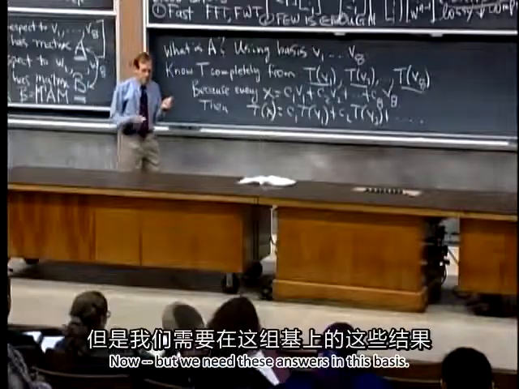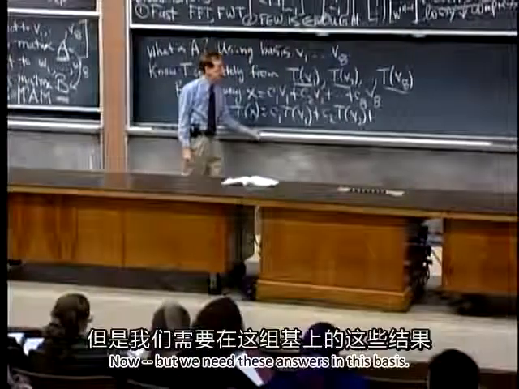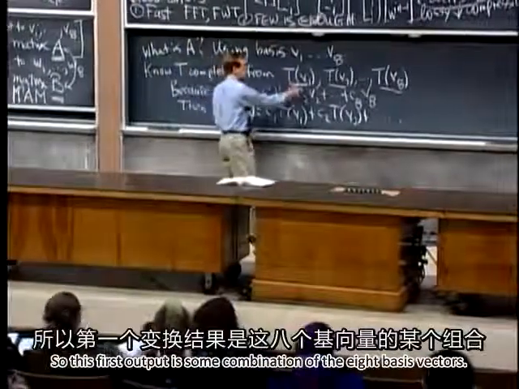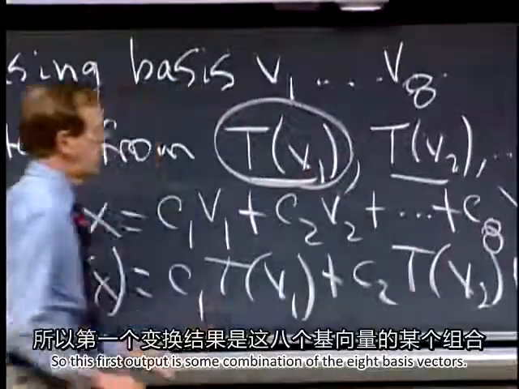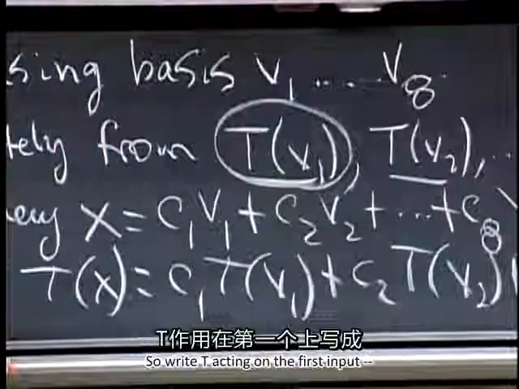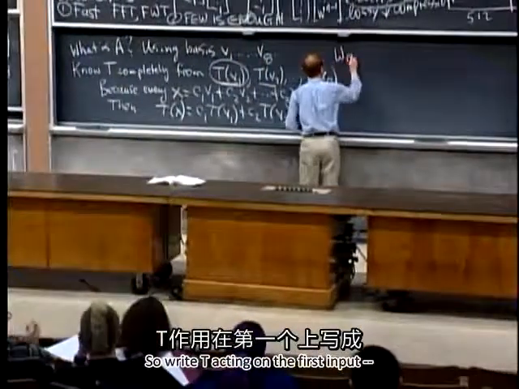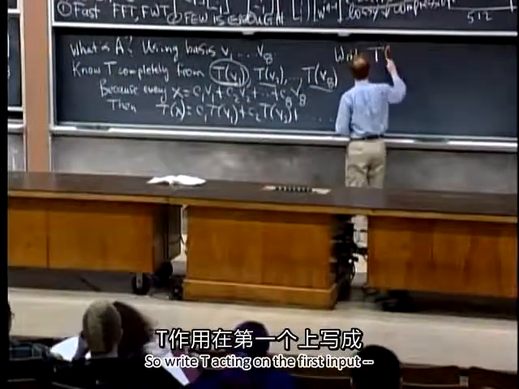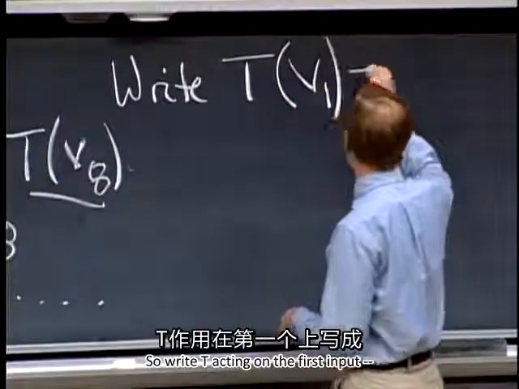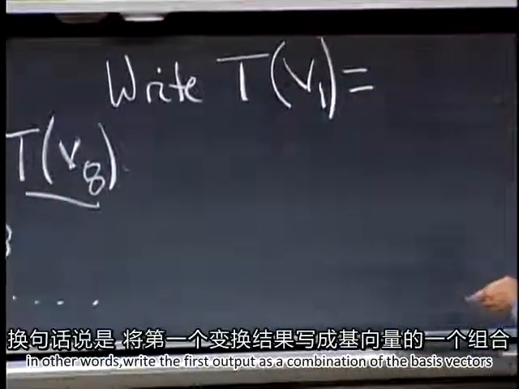Now, but we need these answers in this basis. So this first output is some combination of the 8 basis vectors. So write T acting on the first input. In other words, write the first output as a combination of the basis vectors.